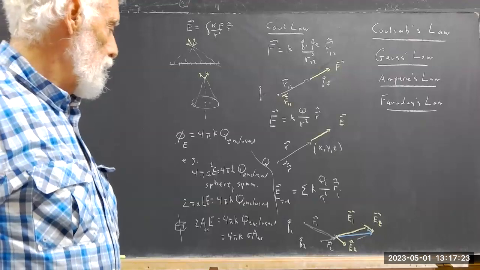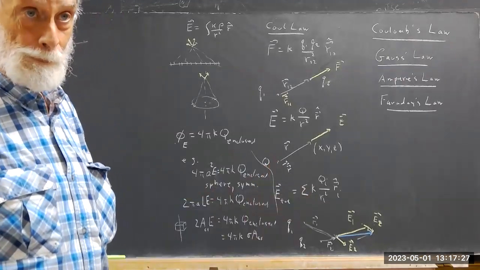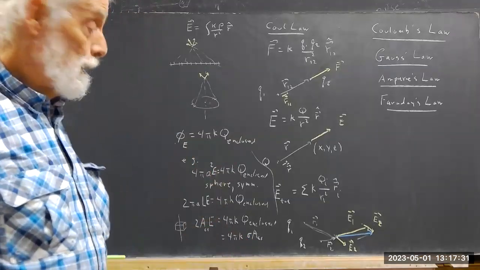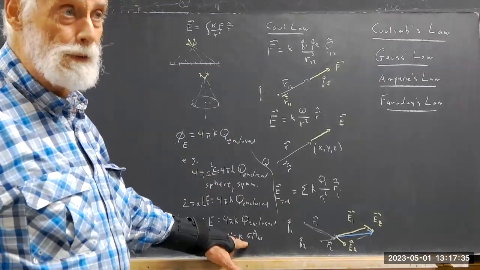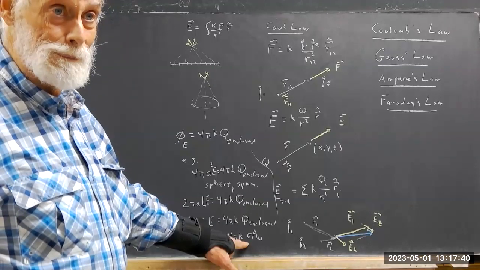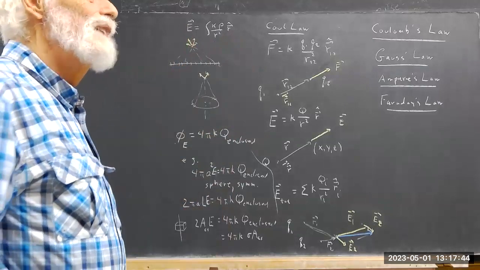So when you solve for the electric field, you get 2 pi K sigma everywhere. The cross-sectional area divides out because you multiply it by the uniform charge density. And that's a start on Gauss's law.